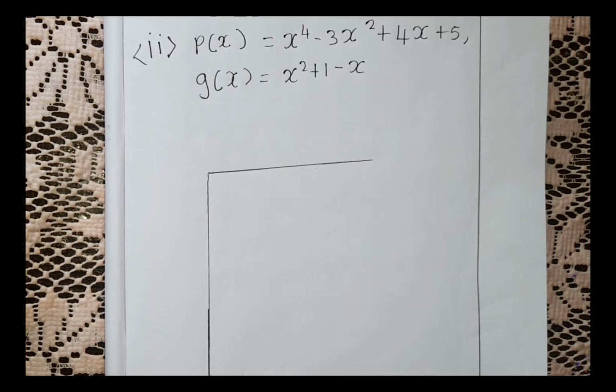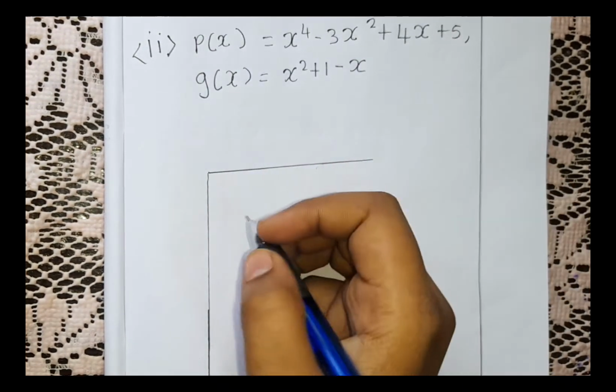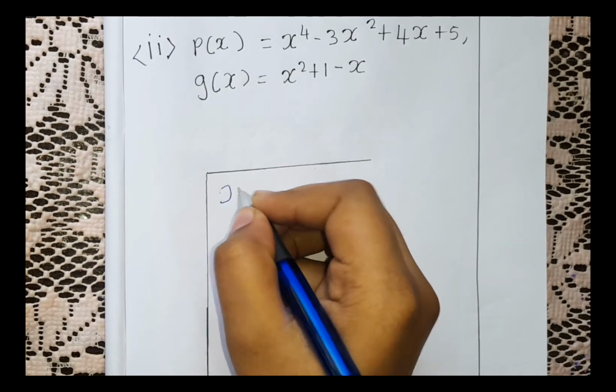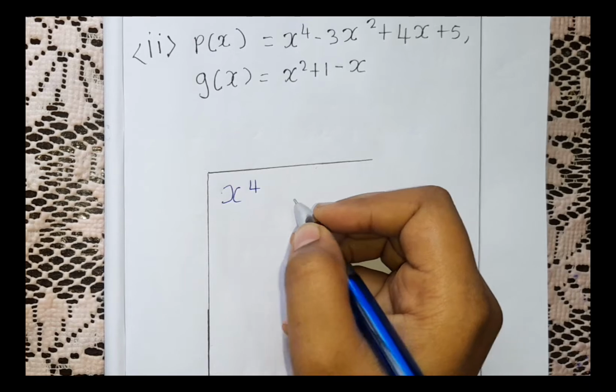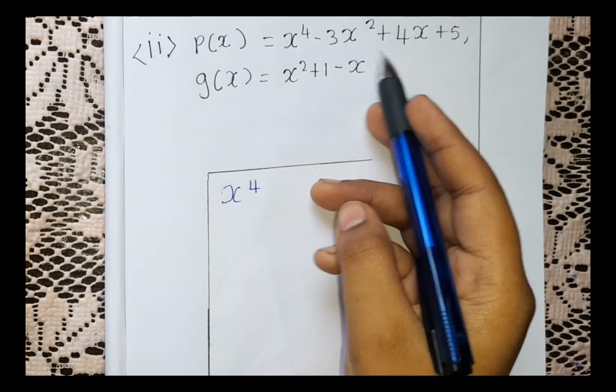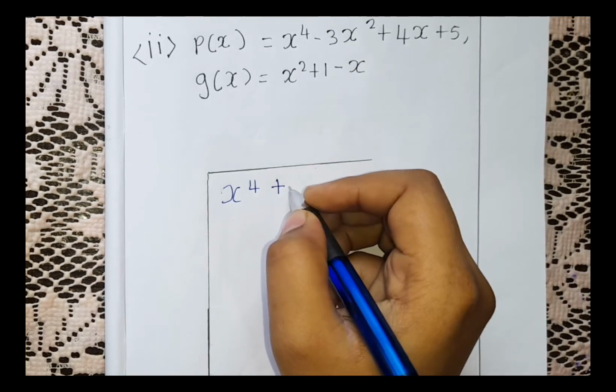So in this subdivision, as you can see, we have certain values. Now we are going to write the p of x value inside the division. Let's write x power 4, and we don't have a cube term. If you don't have a cube term, we are supposed to write plus 0.